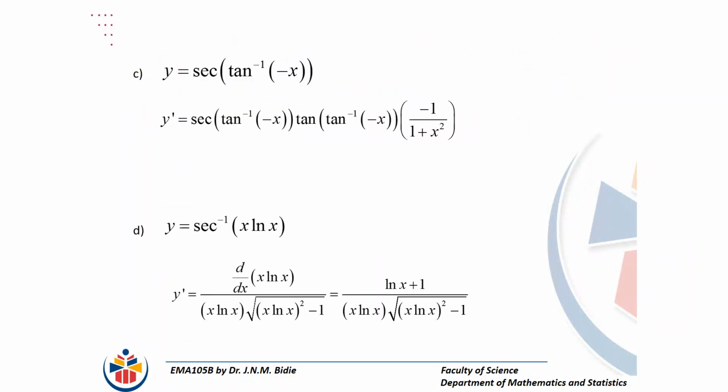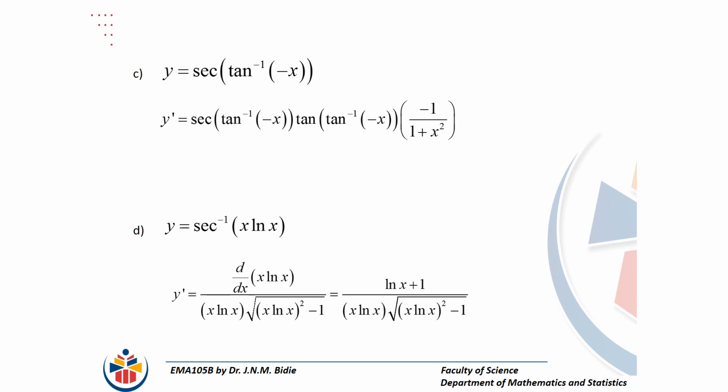We go to C. The function given to us is sec, and the argument of sec is arctan of negative x. Here, we need to make sure that we differentiate sec first and then arctan and then negative x. I'm hoping that we're together. Okay, let's go.